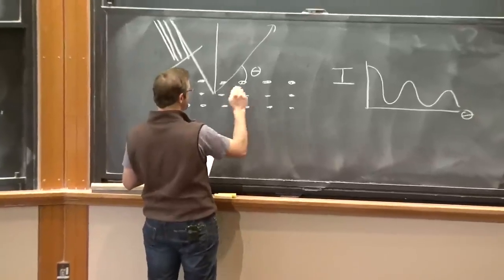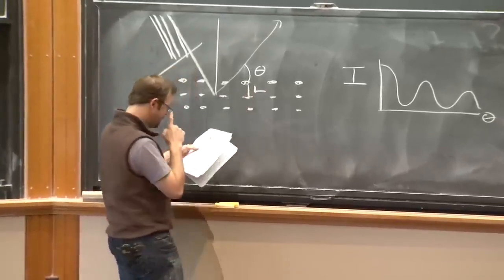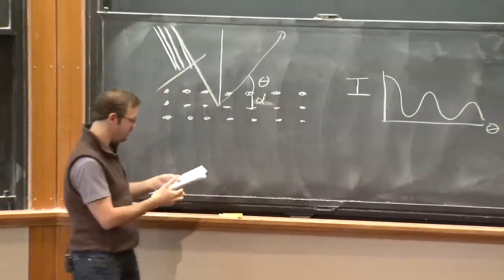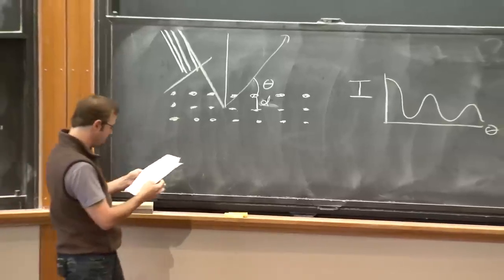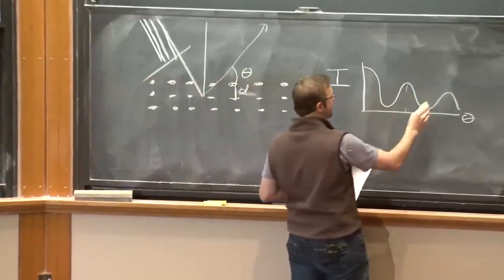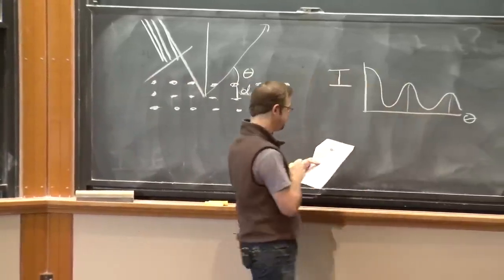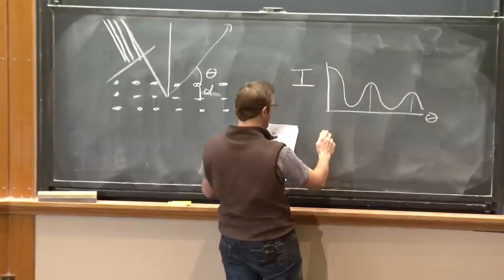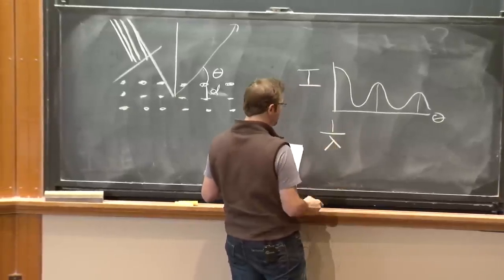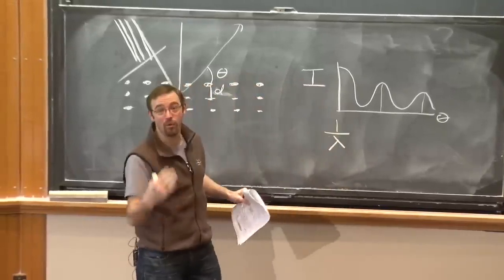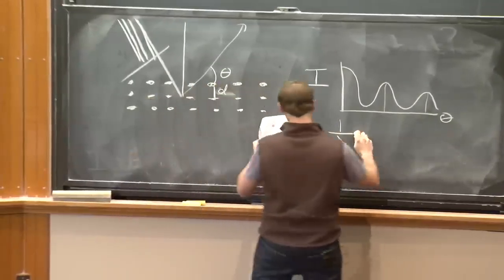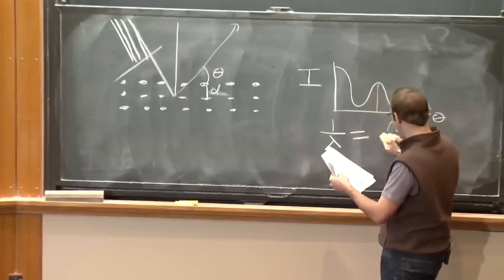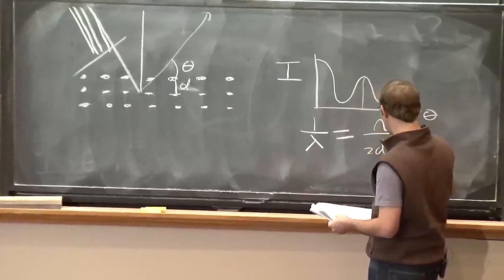If the distance between the crystal planes is D, the interference effects they observed, these maxima and minima, are consistent with the electrons behaving as if they were waves with a definite wavelength lambda equal to some integer n over 2d sine theta.